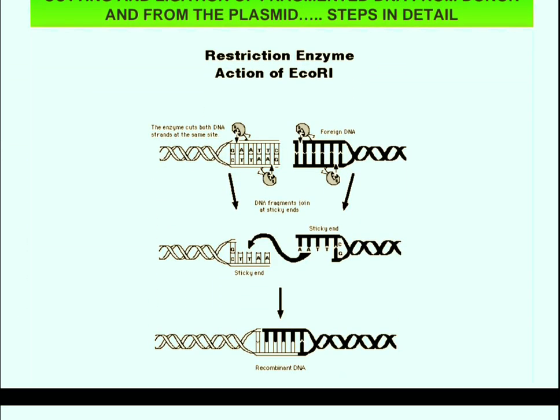Next, cutting and ligation of fragmented DNA from the donor and from the plasmid. This is the detailed step, restriction enzyme action of EcoRI. You can see the enzyme cuts both DNA strands at the same site.